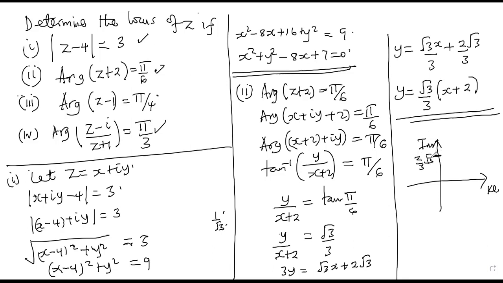And since the gradient is positive, my line will be like that. So whenever you sketch something, you have to label it. y is equal to root 3 over 3 times x plus 2, something like that. So let me do part 4, then maybe I pick some other number at random and we see.